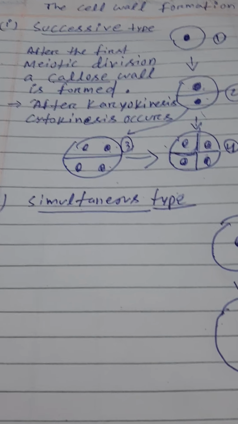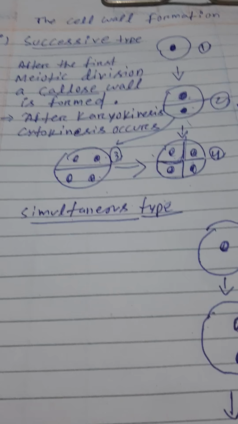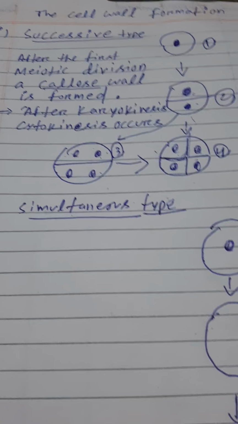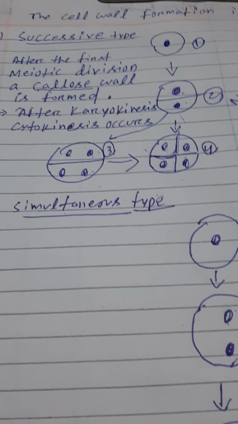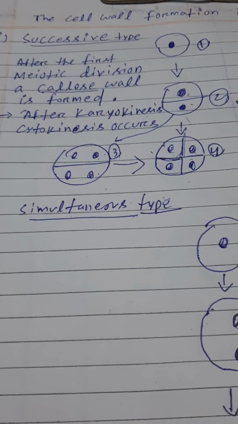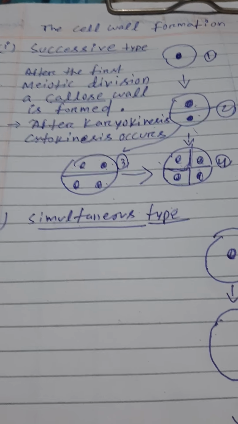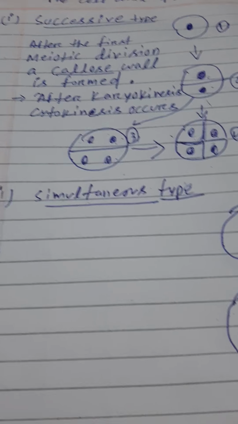I am repeatedly saying these microspores are found together, and after dissolution of the callose wall they get separated. In this dissolution process, one enzyme helps, and that enzyme is callase.